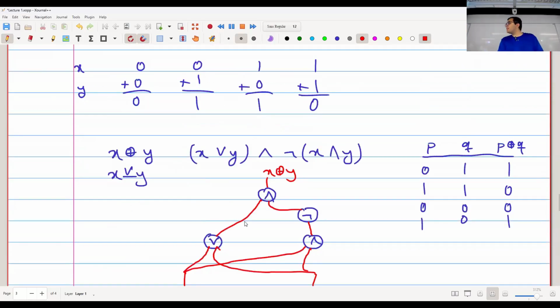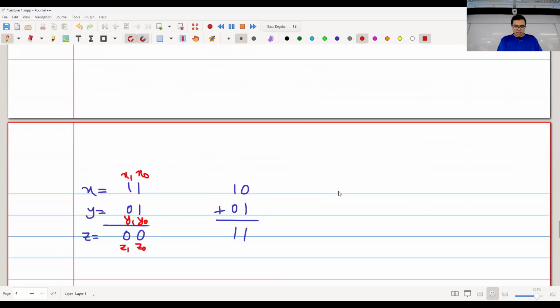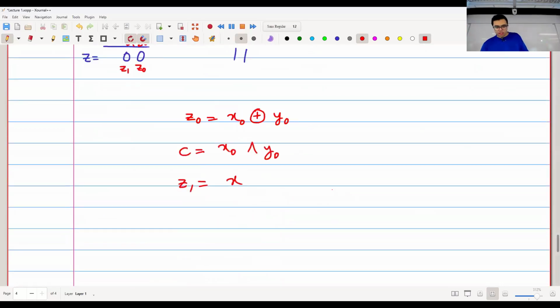The only difference is that now I have 3 different elements that I have to add, but I can just use the addition twice. And my addition was basically XOR. So this is just going to be X1 XOR Y1 XOR C. Nice.